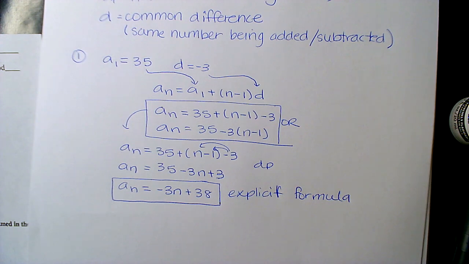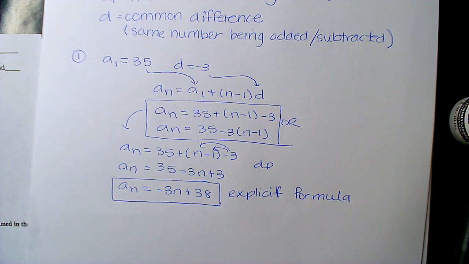So just be aware, as you get more comfortable with explicit form and finding patterns, your brain might pick up on the first term calculation, that the formula is actually kind of messy, and what came up in your head is actually really easy, because your -3 is still the common difference.